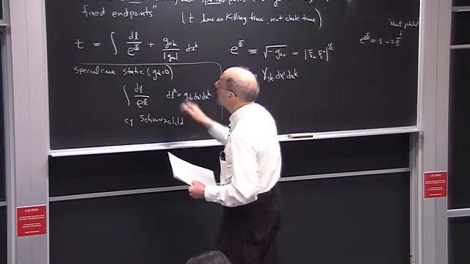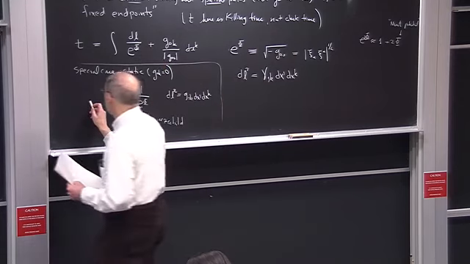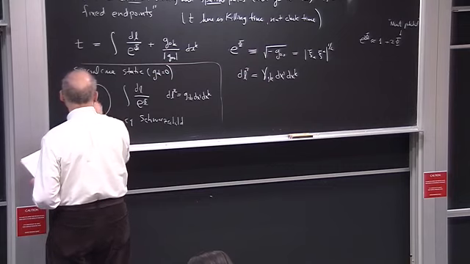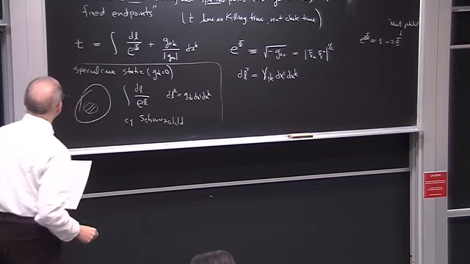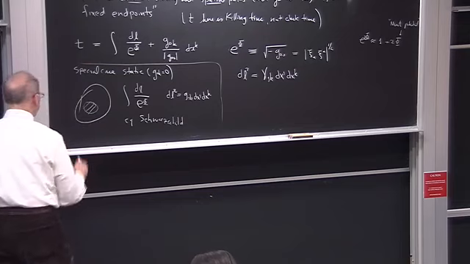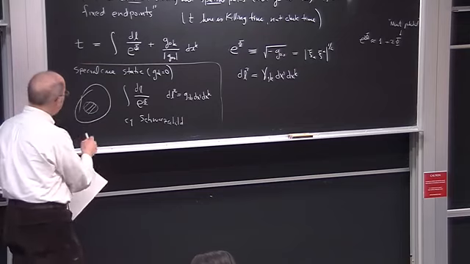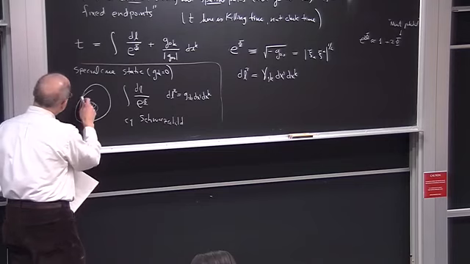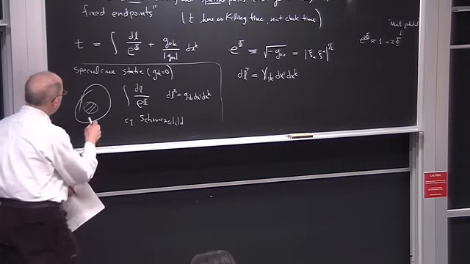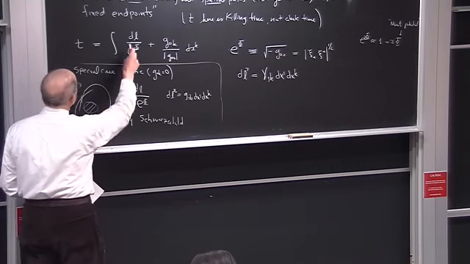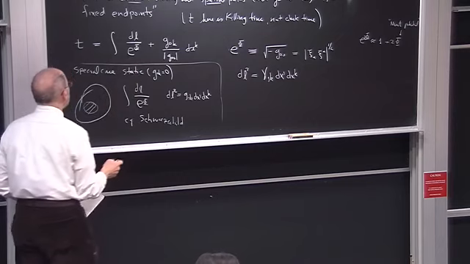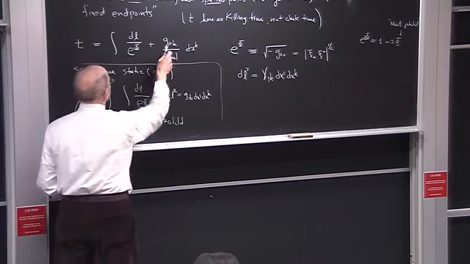Nothing else here will change sign. If here's the sun, and I have some orbit, supposed to be an ellipse with a little bit of precession, this term involves only arc length along the orbit and the local value of the potential. So it's reversible, but this term is not reversible.